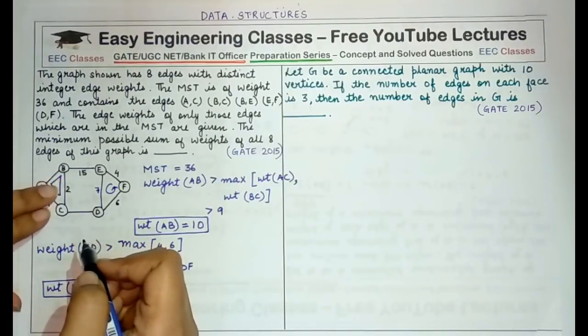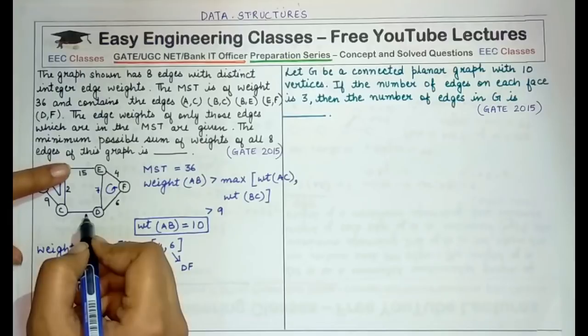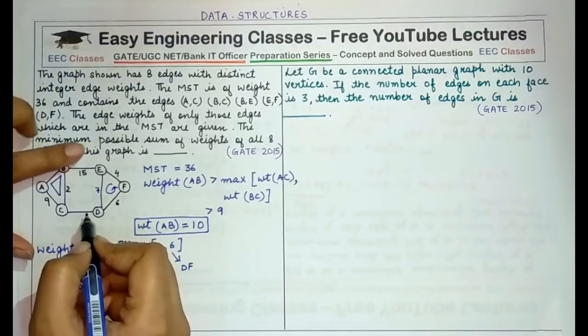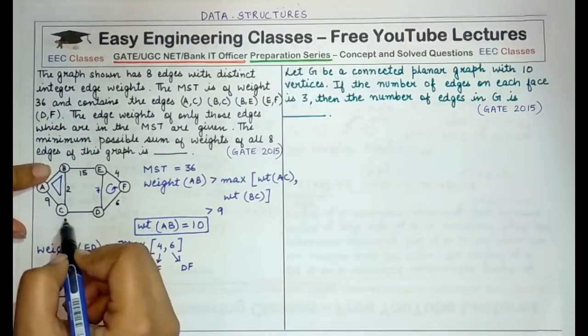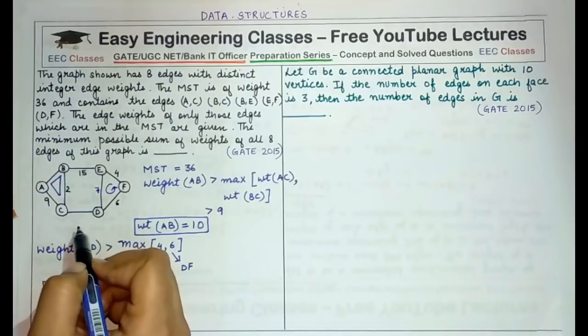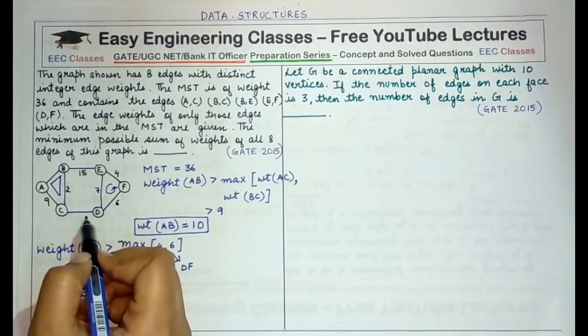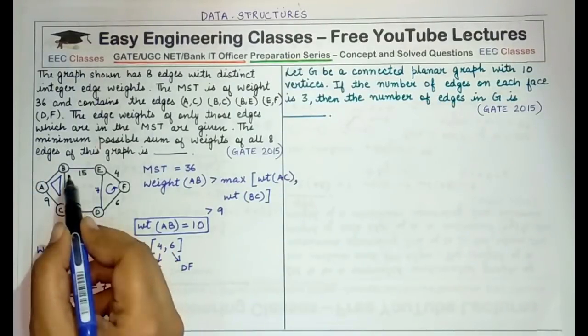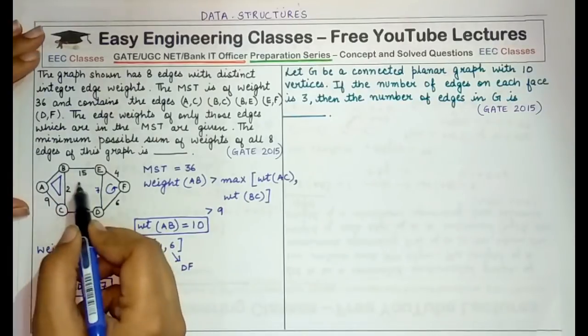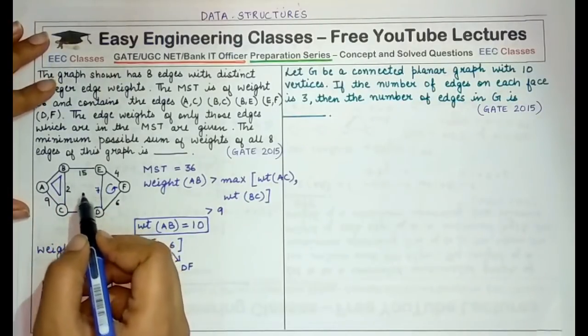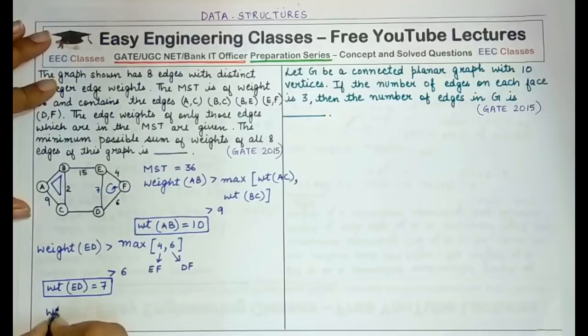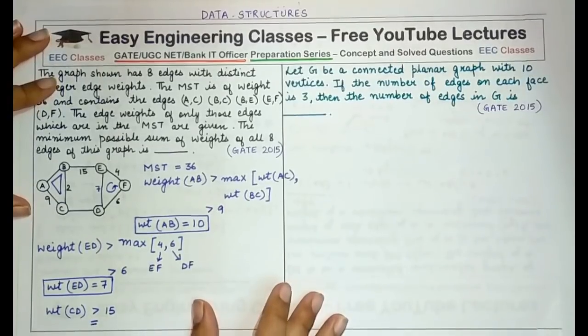Because 15 is an edge that is chosen over the edge CD, this edge CD would even weigh more than the edge that has been selected in the minimum spanning tree. So we can assume that the weight of CD must have been greater than 15, and therefore we are assuming it to be 16.